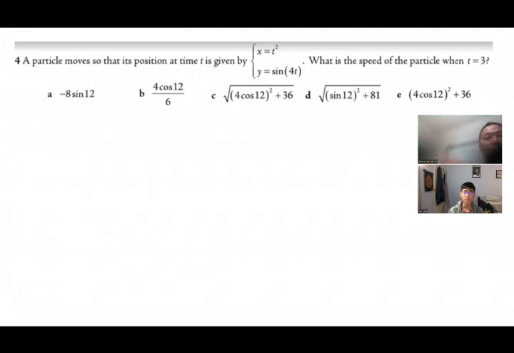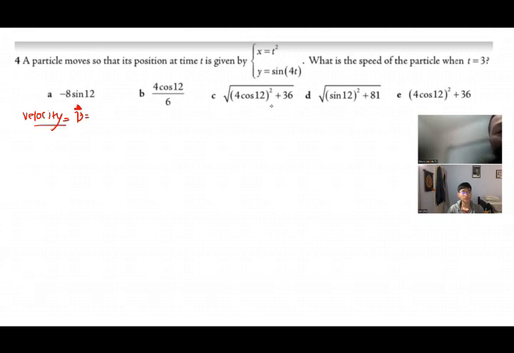So basically, hold on, let me give you the definition. Velocity is normally given by this notation, with an arrow on top of the symbol indicating that the variable is a vector quantity.